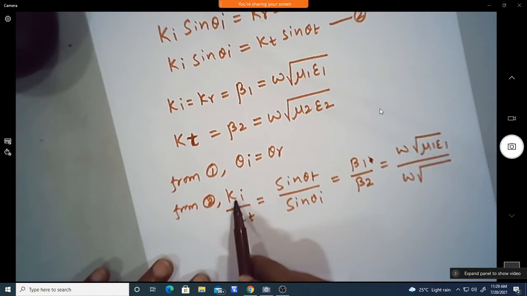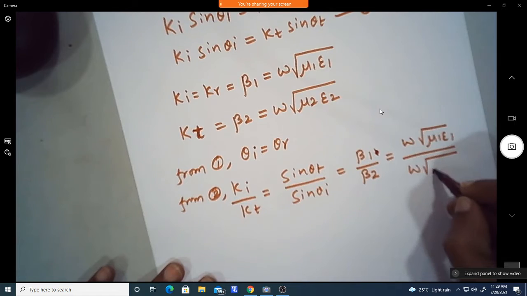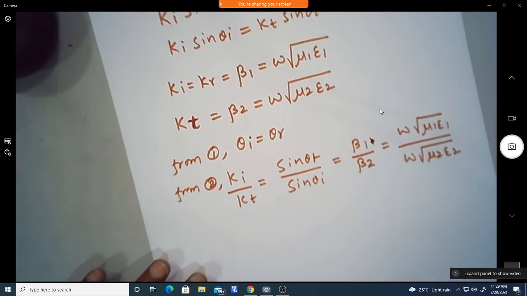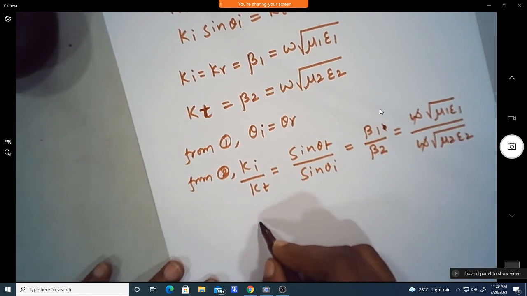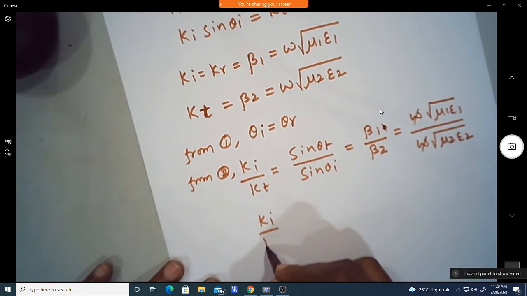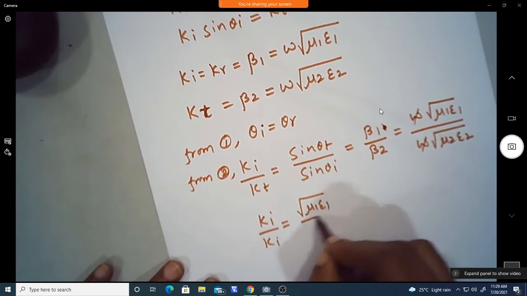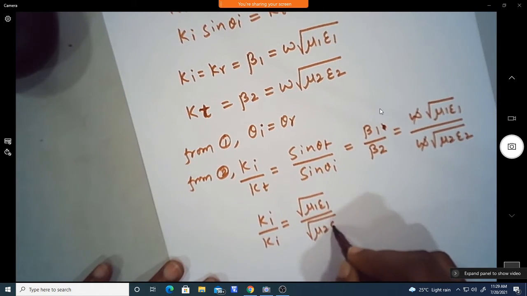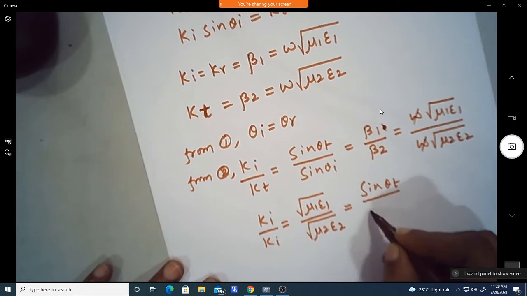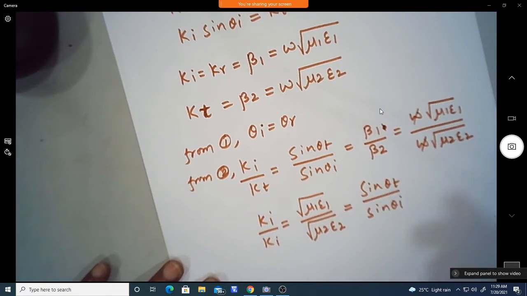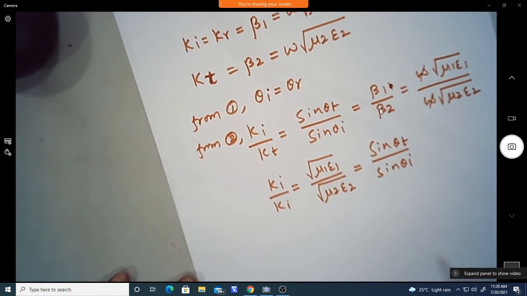So ki by kt equals root of mu 1 epsilon 1 divided by root of mu 2 epsilon 2, which is equal to sin theta t divided by sin theta i.